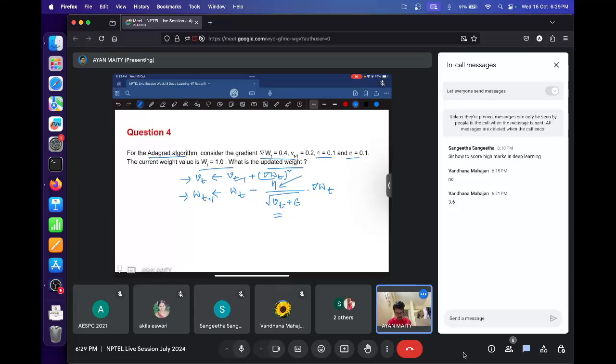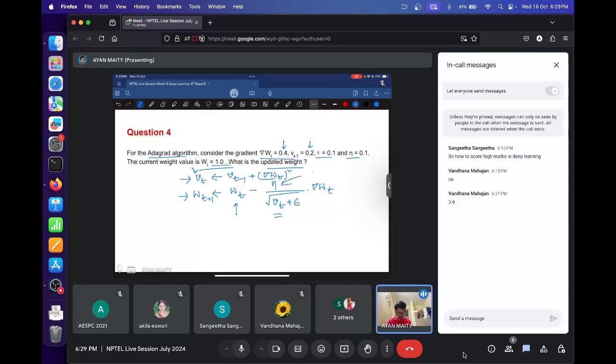First we need to compute Vt from Vt minus 1 and the gradient of Wt. Vt minus 1 is given here as 0.2 and the gradient of Wt is given here as 0.4. Using this we can find the value of Vt. Now for the updated weight Wt plus 1, we know the value of Wt, which is 1.0.